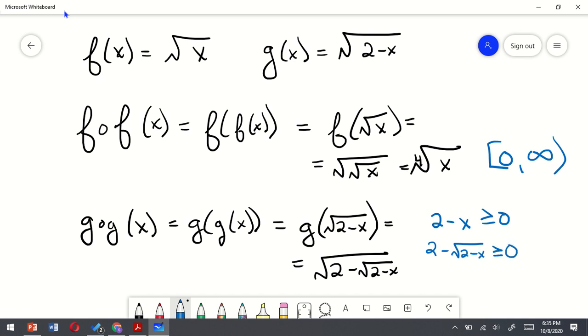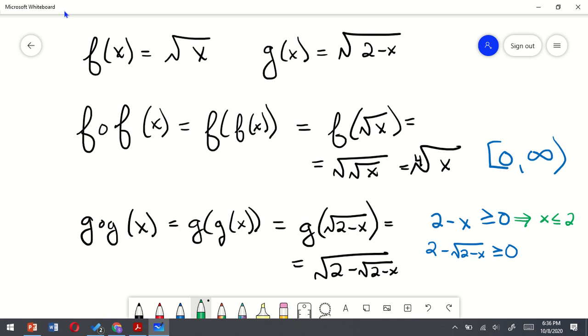When both of those things are true, we'll be in the domain. So the first case, 2 minus x is bigger than or equal to 0, tells us that x is smaller than or equal to 2, right? You could add x on both sides, and you'd be right there.